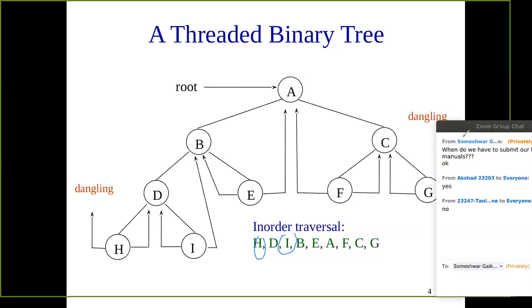Similarly, G is the last node, and the right pointer of G is to be assigned to the in order successor, but it does not have any successor. So this is again a null pointer, and such pointers are called dangling pointers.